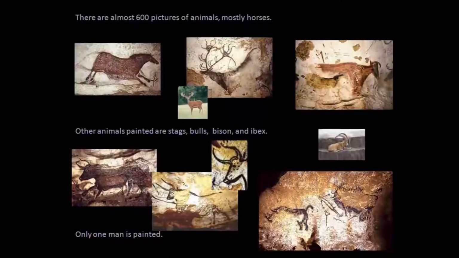Now, it has been found that there are some 600 pictures of animals, mostly horses, in Lascaux. There are also other animals like stags, bulls, bison and ibex, and only one human figure has been found in the entire Lascaux paintings. But it's interesting that inside the caves, more than 95% of what you see in the paintings are images of animals, whereas outside the caves you almost find the same thing.